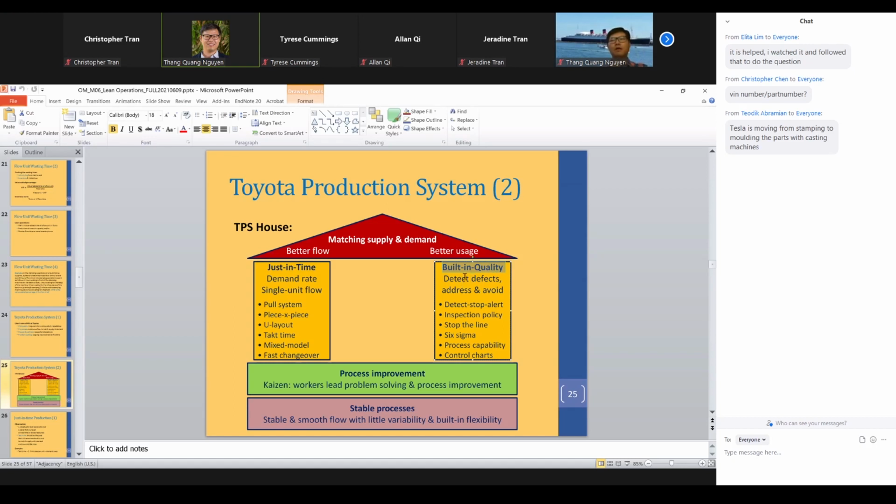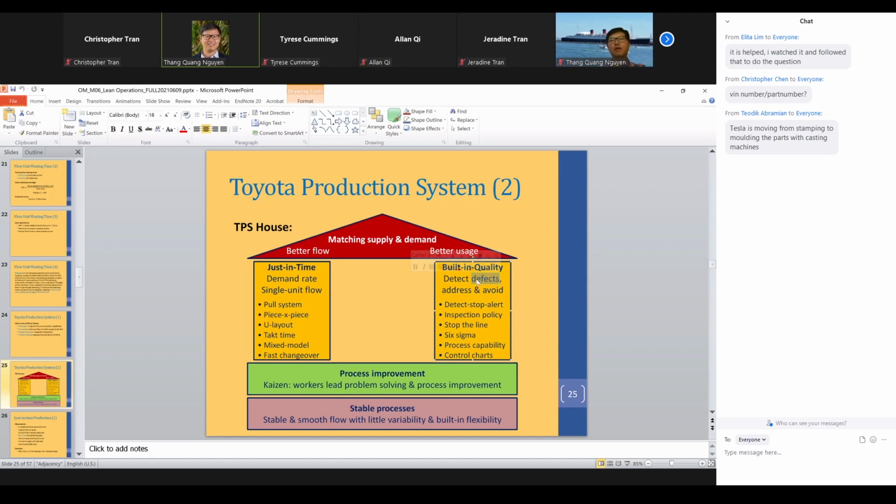So in just in time, to be just enough, you would look at the demand rate and follow the demand rate to configure your production, right? Then in the built-in quality, they will focus on the defects. In an ideal world, if we do not have any defects, then we have perfect product, right?